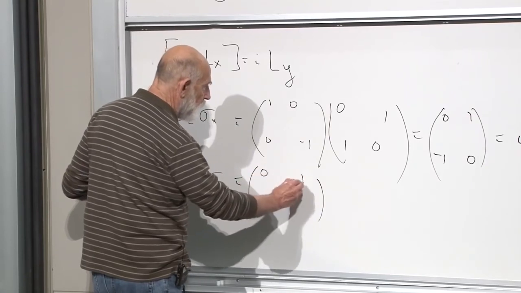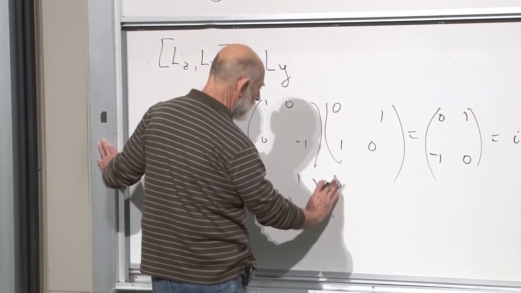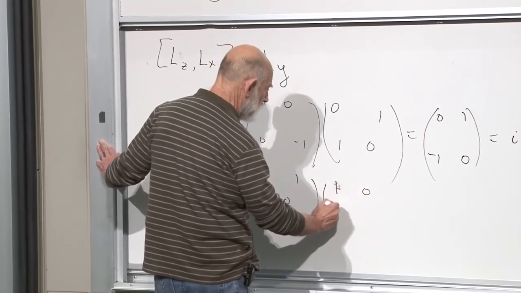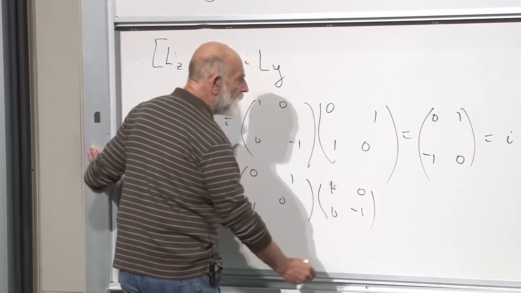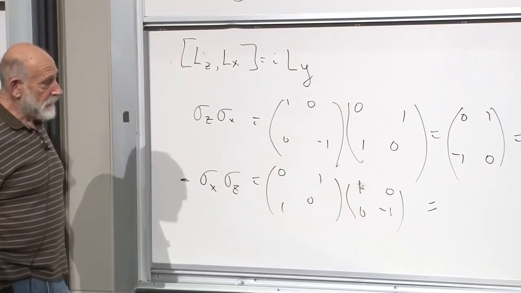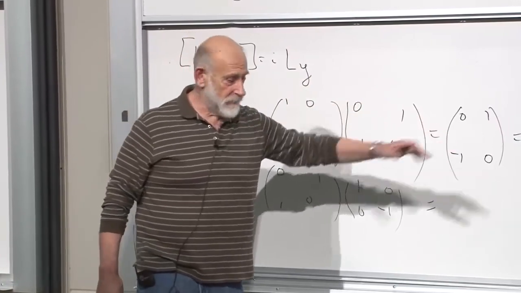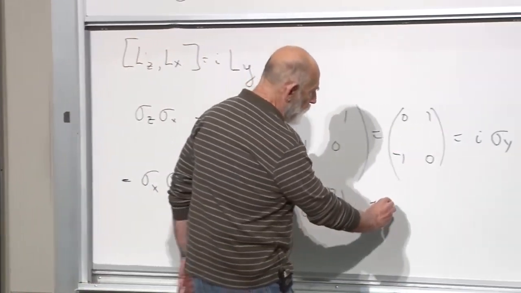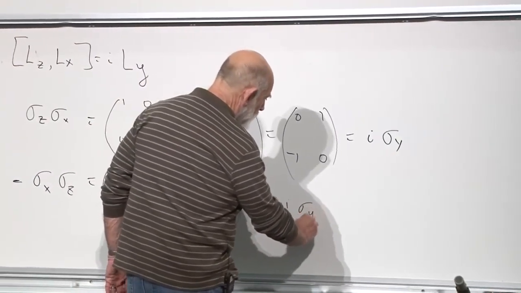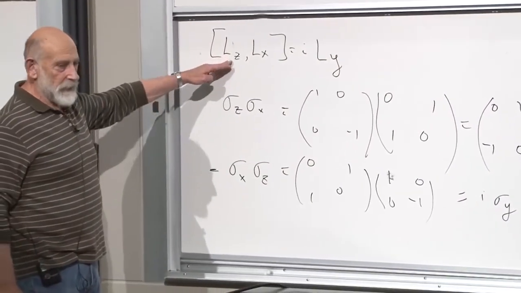And that has 0, 1, 1, 0 times 1, 0, 0, -1. And if you go through it, you don't get 0. What do you get? Exactly the same thing you got over here. Equals i sigma y. So we have not quite what we wanted.